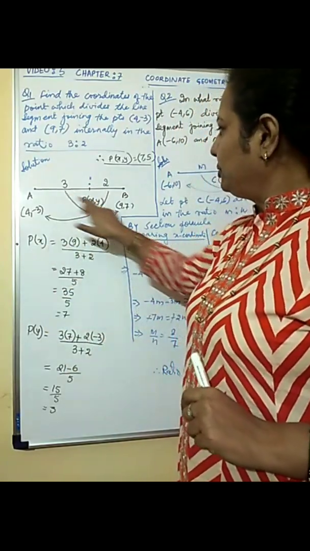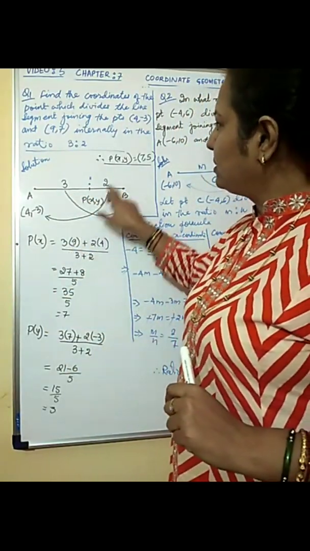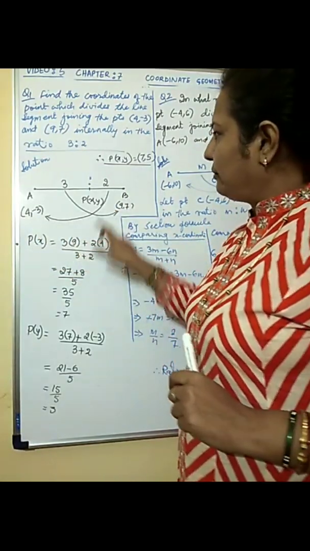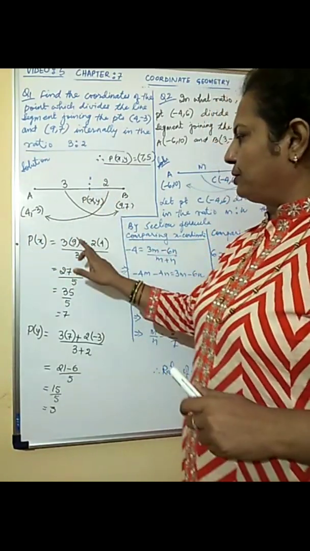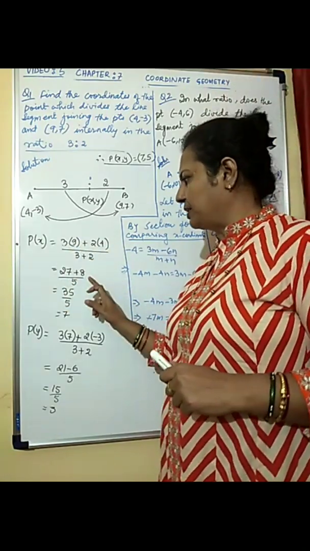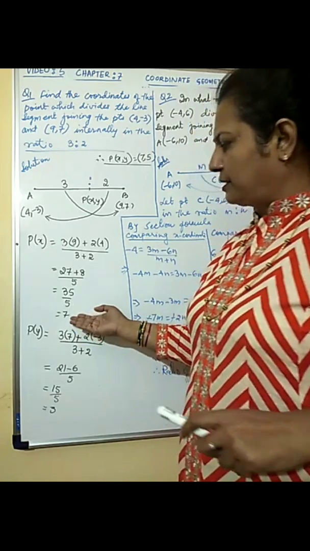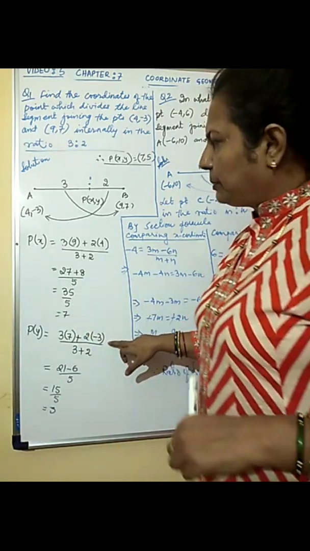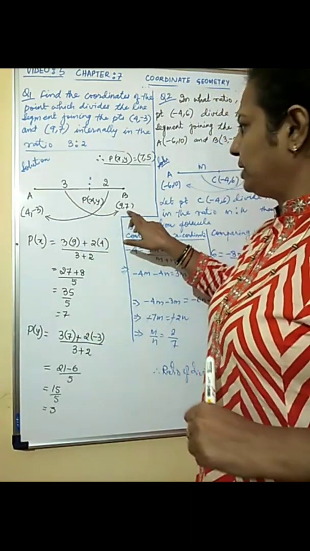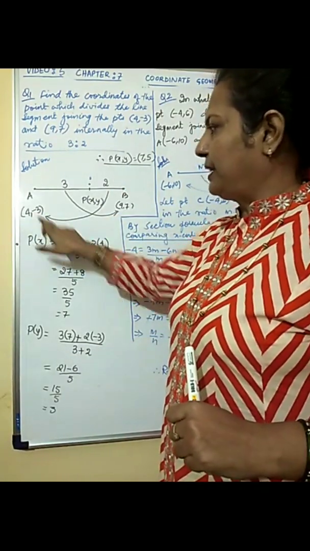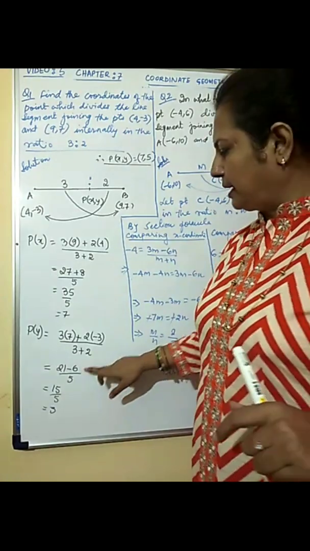So Px is equal to 3 into 9 plus 2 into 4, that is the x coordinate, divided by 3 plus 2. 3 nines are 27, 2 fours are 8, and divided by 5. So this gives you 35 by 5. So the x coordinate is 7. Now coming to the y coordinate, the same way, 3 into 7 gives you 21, and 2 into -3 gives you -6.